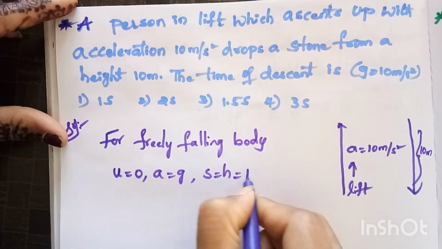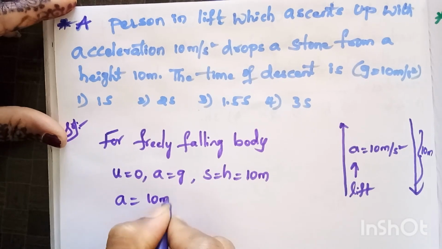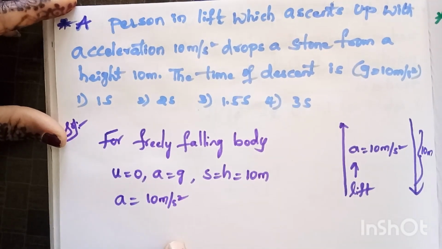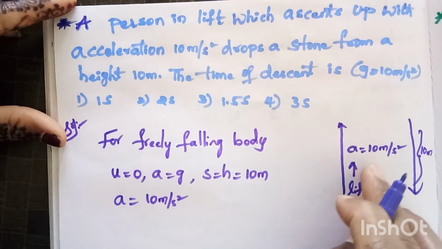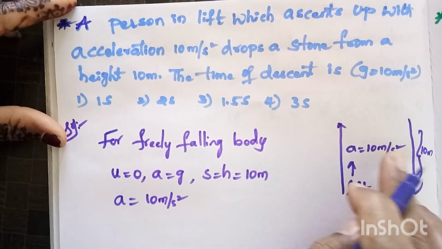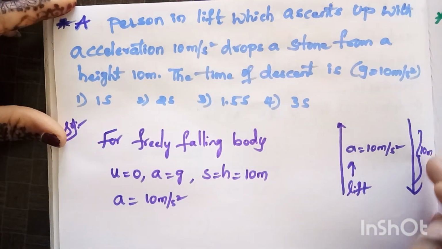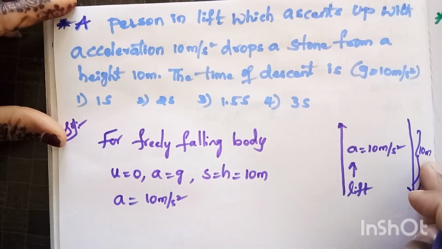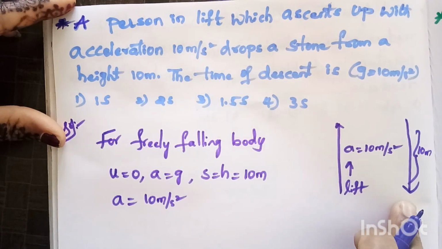What they have given is h as 10 meters, and one more thing, an acceleration of 10 meter per second square. Here the person is moving up with an acceleration of 10 meter per second square. With that acceleration the person is throwing the stone downward from a height of 10 meters. They say to find the time taken by the stone to reach the ground.